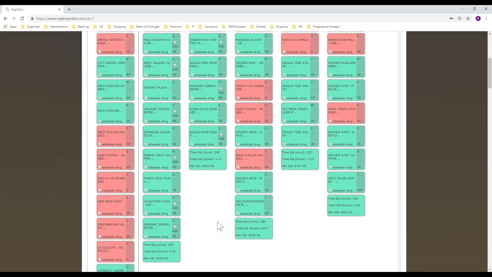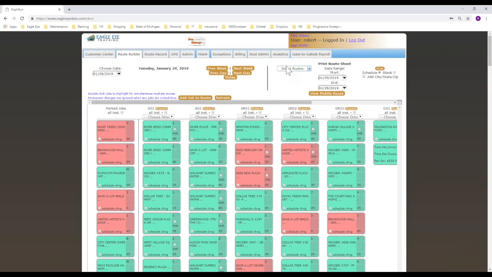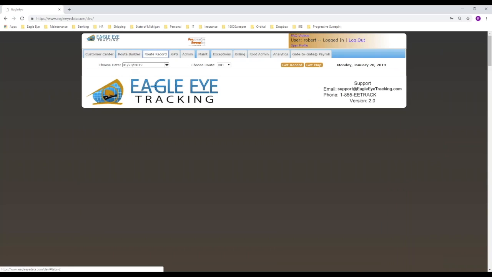And then in terms of looking at route hours, if you use the gate-to-gate payroll, you're able to get total route time and compare that against your job time and see how efficient you are, as well as looking at the map overall.